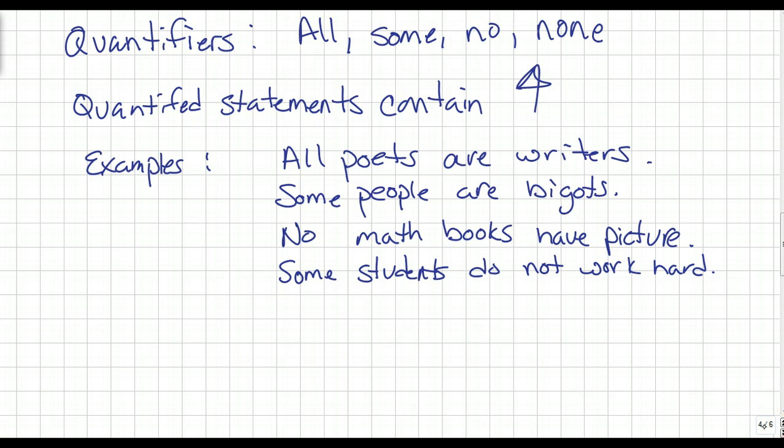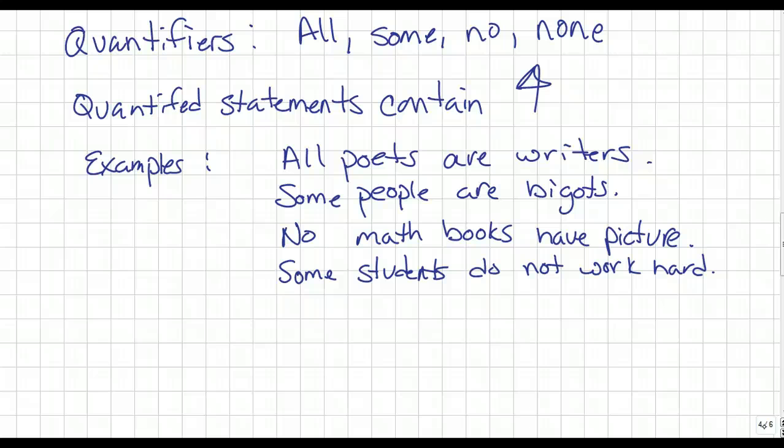Okay. Now, this is where it gets a little tricky. In English, we have these words called quantifiers, and they are these following words. All, some, no, or none. When you have those words, it makes it tricky in finding the negation of them.